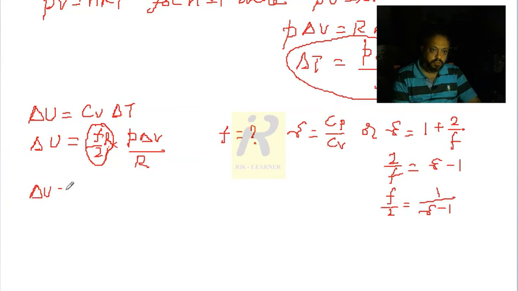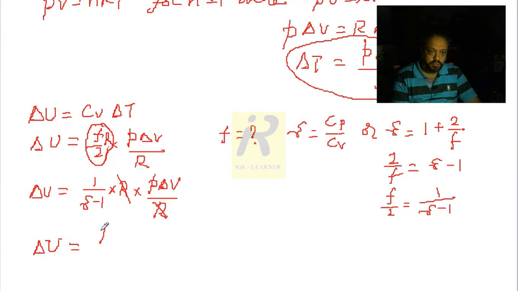That means delta U equals 1 divided by gamma minus 1, and I don't forget this R, R into P into delta V, all divided by R. These two R get cancelled, and what I finally got is delta U equals P into delta V divided by gamma minus 1.